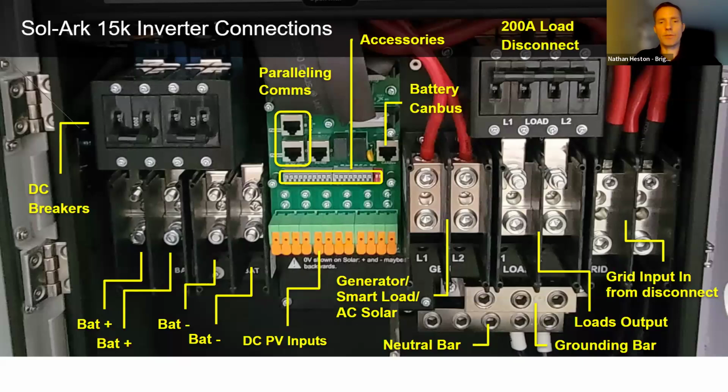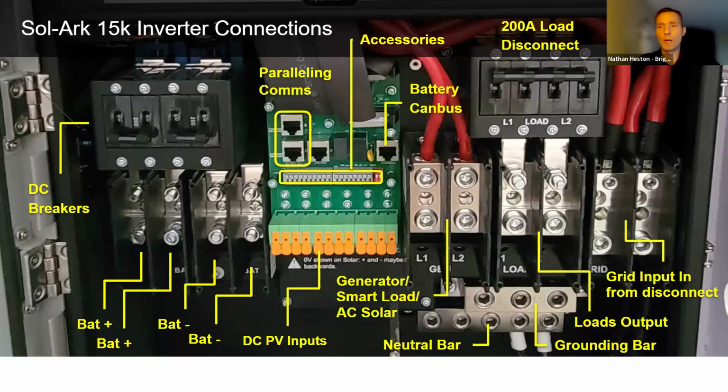Additionally, in the center of the inverter there, that's the accessories bar, the communications hub of a Solarc inverter. And so the accessories bar there, that's where you're going to connect things like CTs or two-wire start or emergency stop. And if you have multiple inverters, you can parallel up to 12 of these.